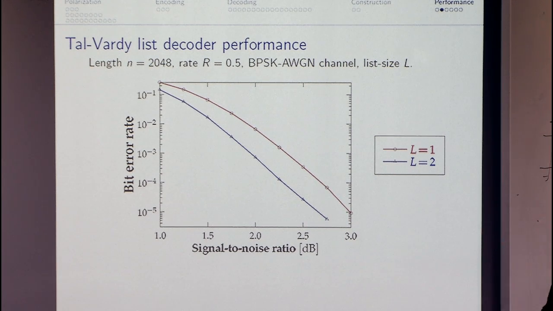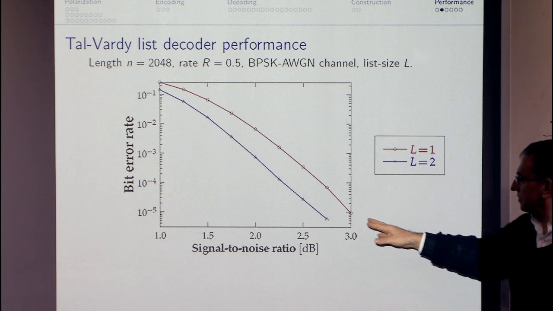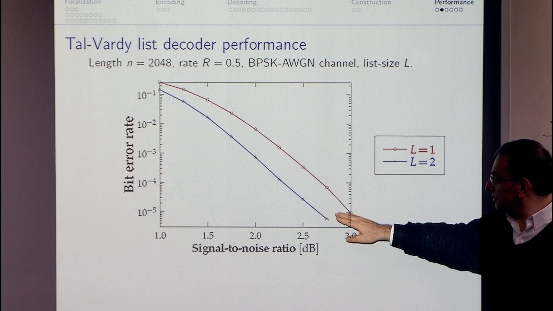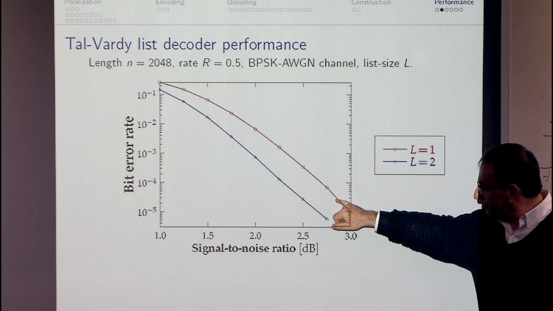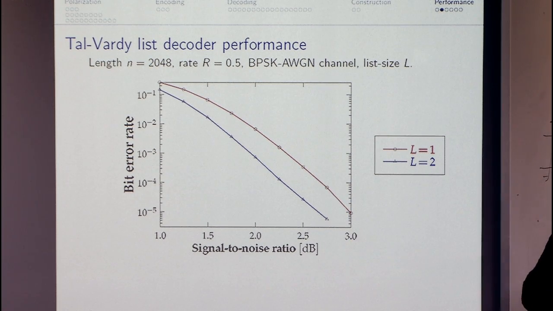The list decoding idea, I should also mention the name of Ilya Dumer, because he came up with this list decoder in the context of Reed-Muller codes, maybe 15 years ago. The idea is the following.